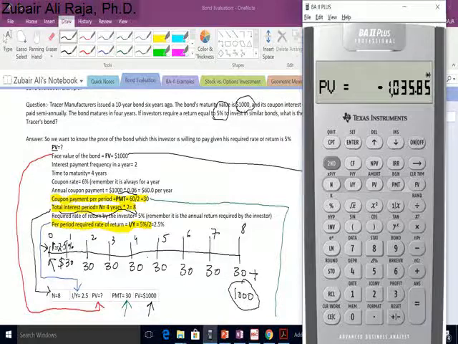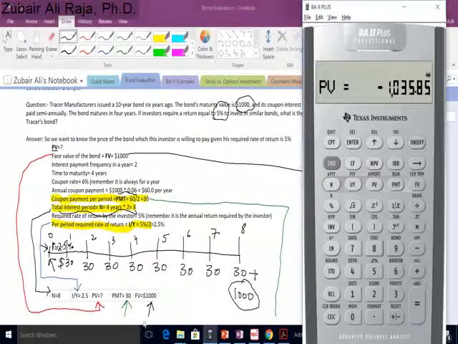It means everyone will try to buy this bond, because the old bond is giving more interest compared to the new comparable bonds. So this will increase the price of this bond, and the price will be more than the face value.